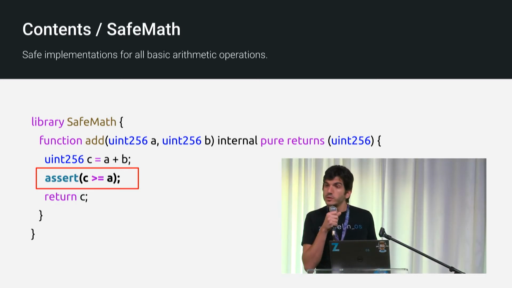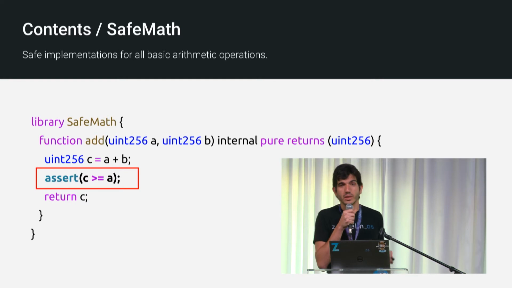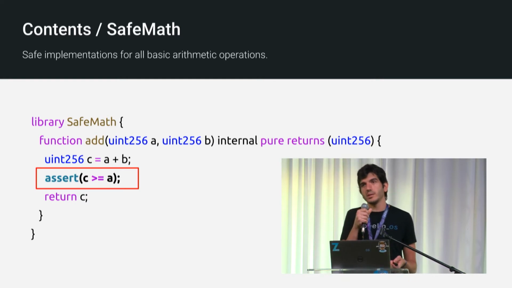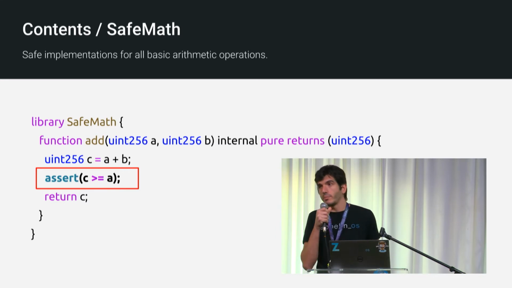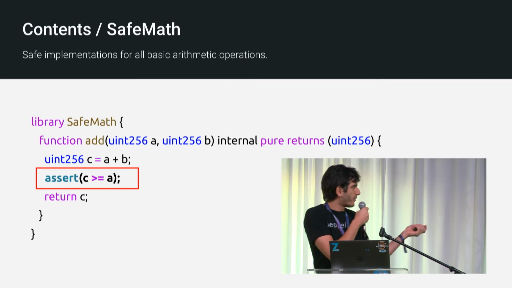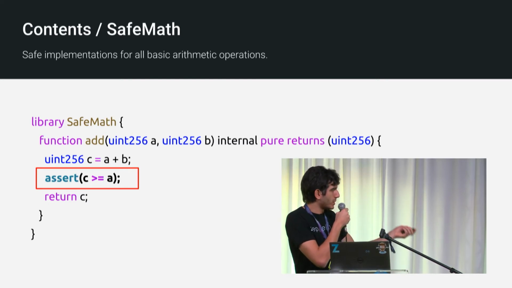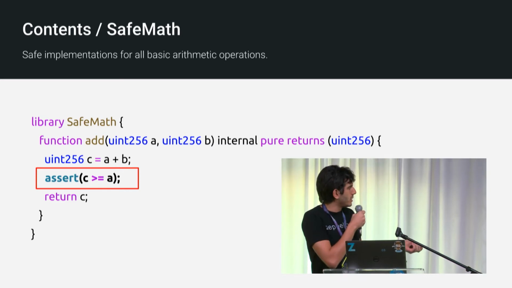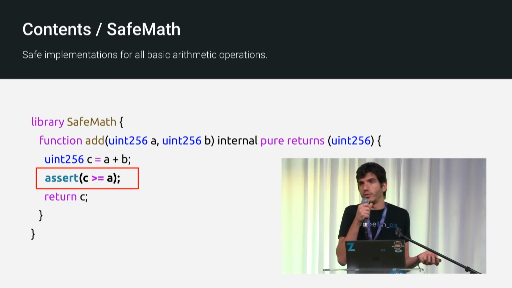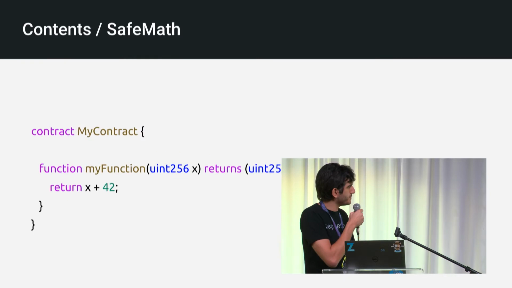So it's a good practice, rather than using the arithmetic operations directly in Solidity, to use one of these wrappers that execute the operation and check that there hasn't been an overflow. We provide the SafeMath library, whose implementation is very simple, just executing the operation and making sure it's okay. You will see there are methods for all the basic arithmetic operations.